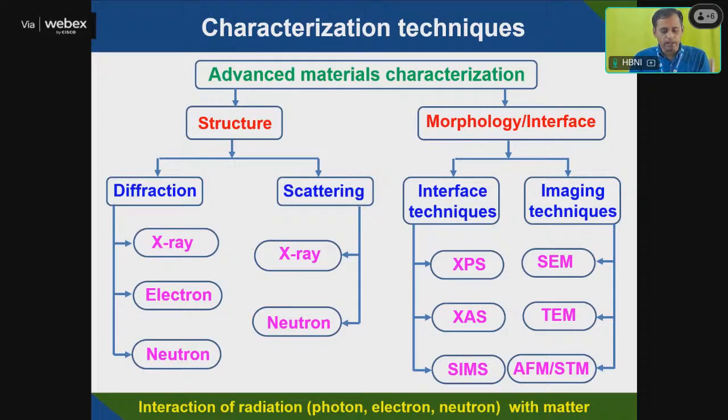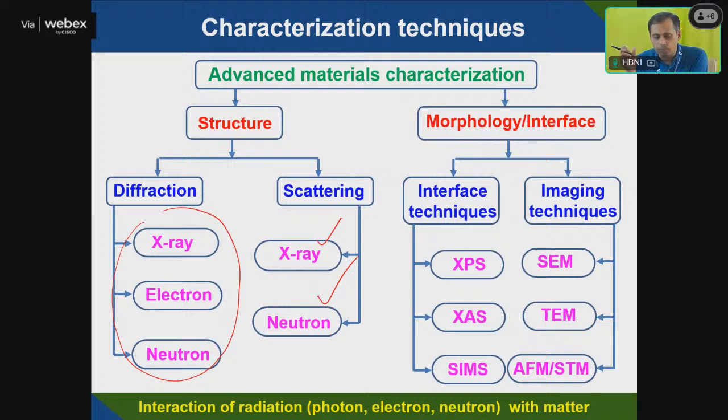But only when Bragg's law is satisfied will diffraction occur. On the diffraction side, we will study three techniques: X-ray diffraction analysis, electron diffraction analysis, and neutron diffraction studies. In scattering, we will see X-ray scattering and neutron scattering.